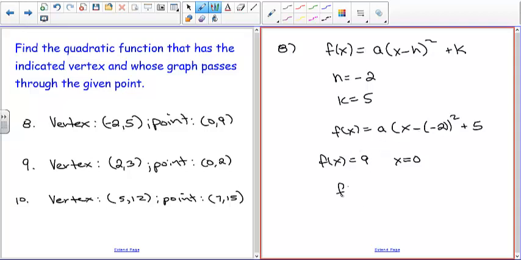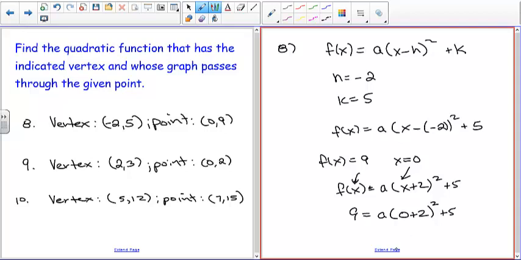Before we do that, let's get rid of the double negative: x plus 2 squared plus 5. Now we plug in 0 for x and 9 for f of x. So you get 9 equals a times 0 plus 2 squared plus 5.